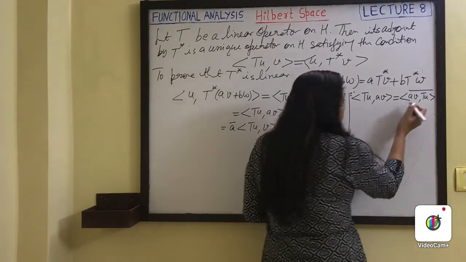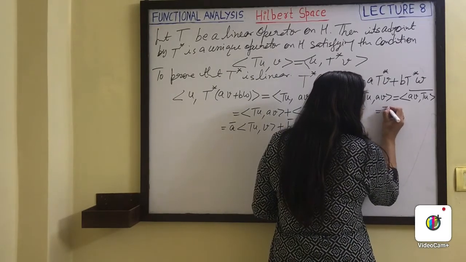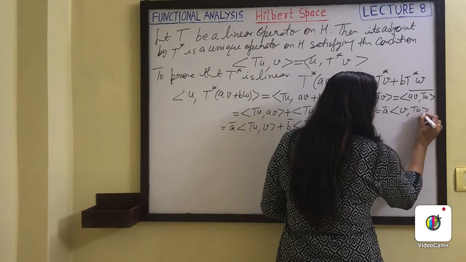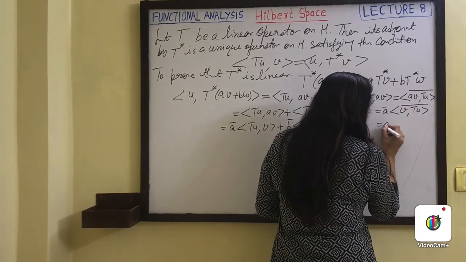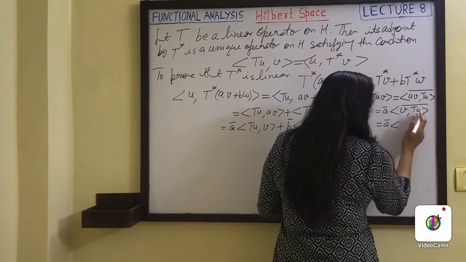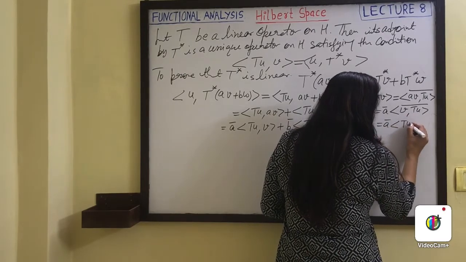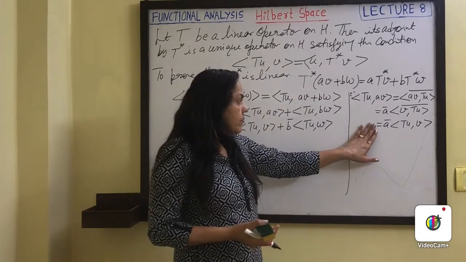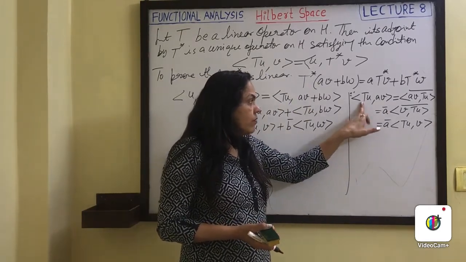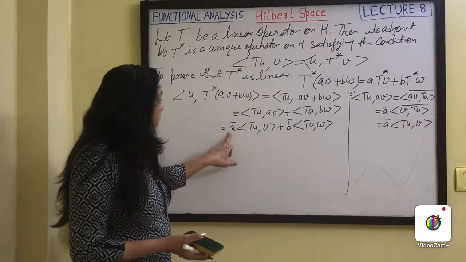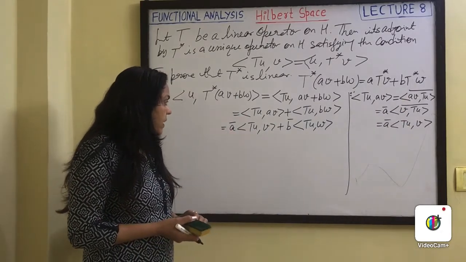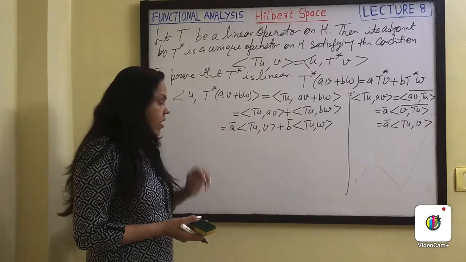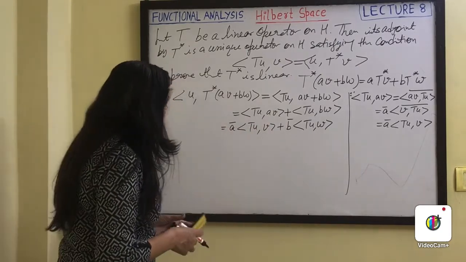Okay, so now this can be written as A conjugate, and here it is V comma T, and finally it is A conjugate, and it can be written as T u comma V. So we are using the property of conjugacy over here, right? It can be written as this scalar A comes as A bar.